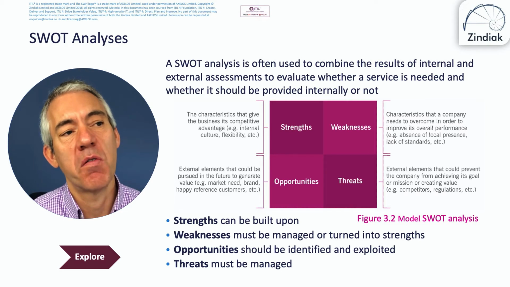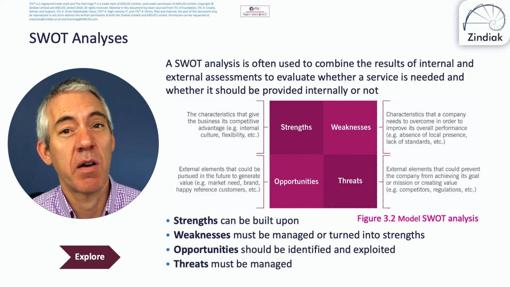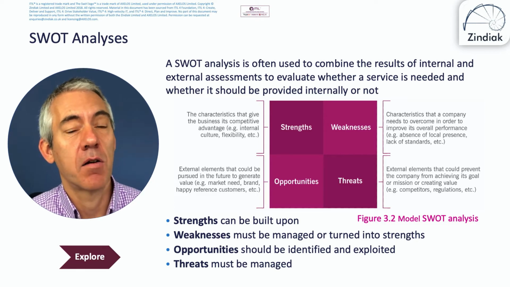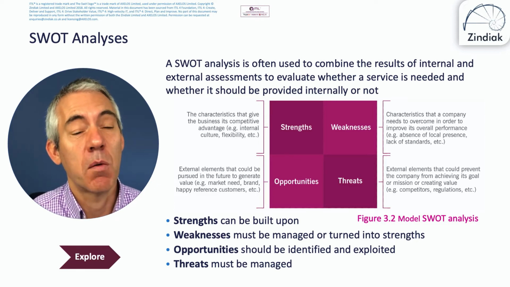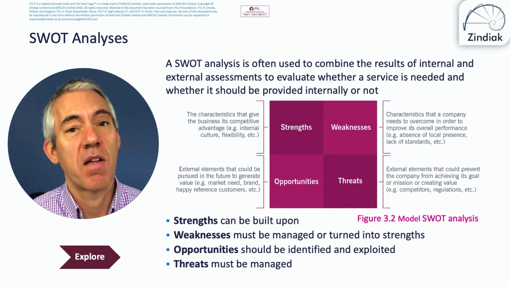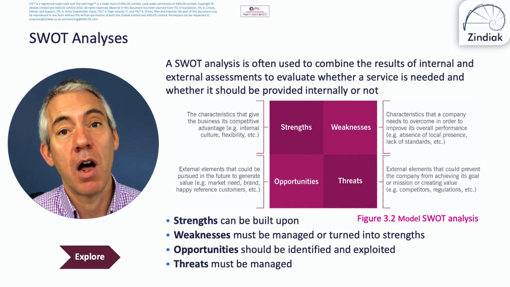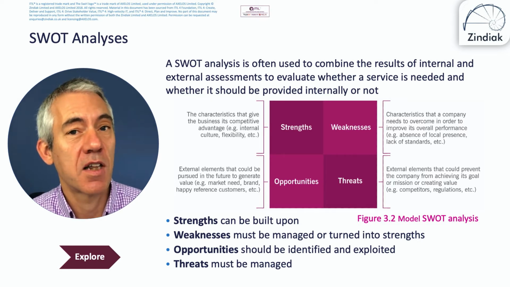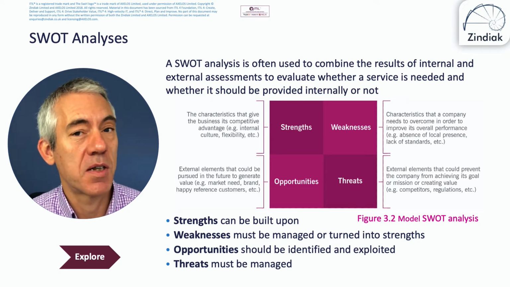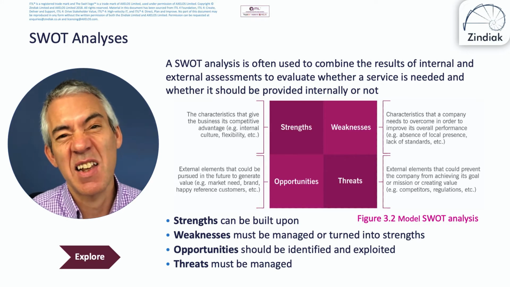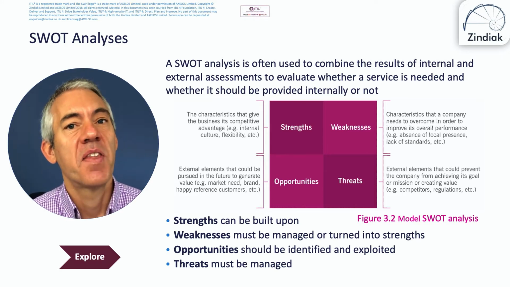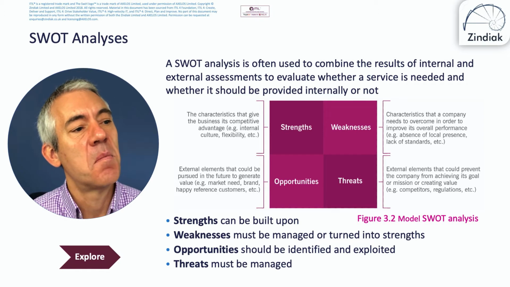If you were in retail, a weakness might be, well, we don't have many shops. We only have, say, 10 outlets and our competitors have 200. So that would be a weakness. Turn it into a strength might be, if all our business goes online, we potentially have to close 10 shops, whereas our competitor would have to close 200. So in that sense, it could be a strength, possibly.